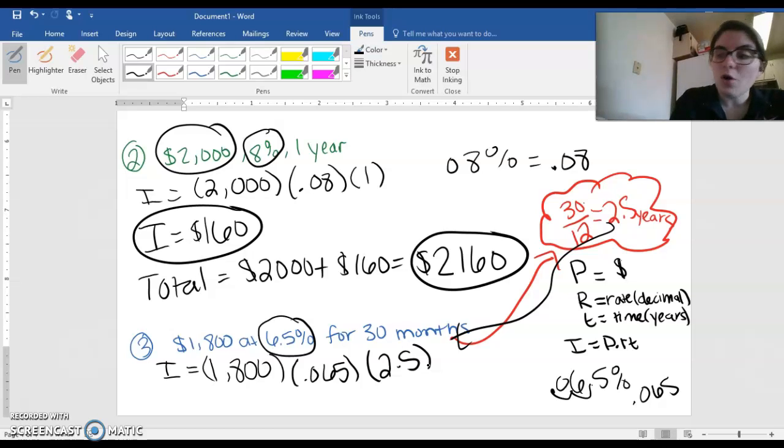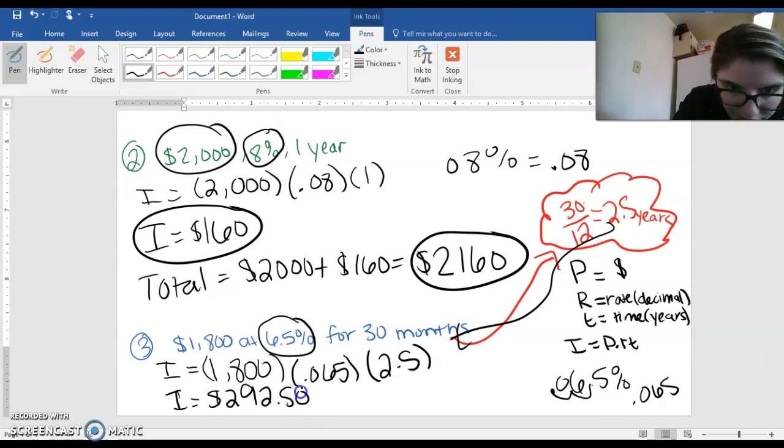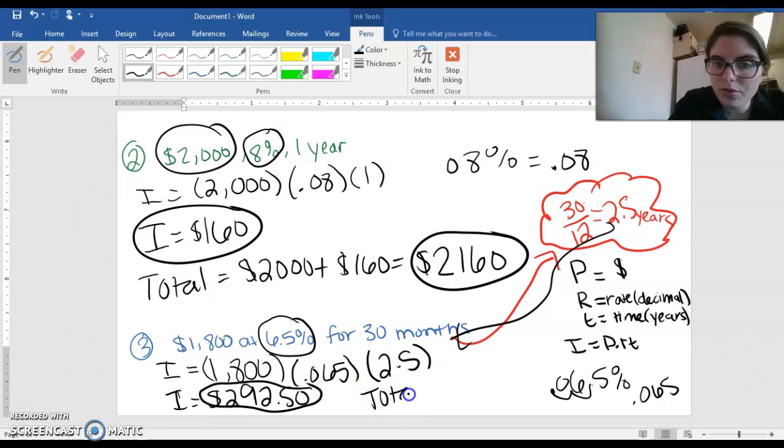Okay, so when I multiply all these, I have 1,800 times 0.065 times 2.5. That gives me $292.50. So my interest is going to be $292.50. And my total is I'm going to add my original amount.